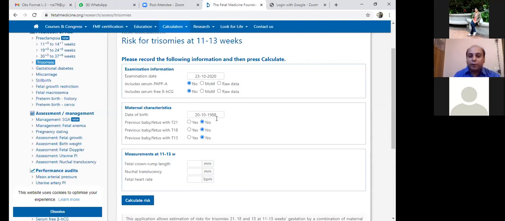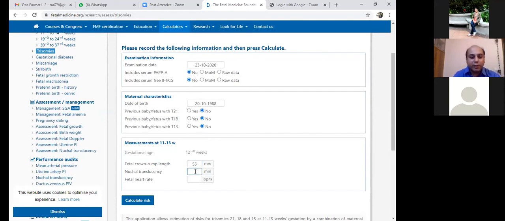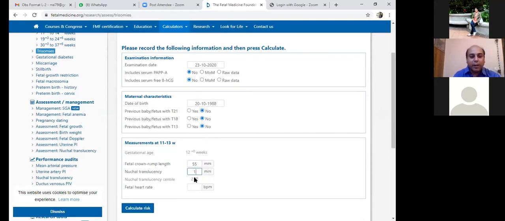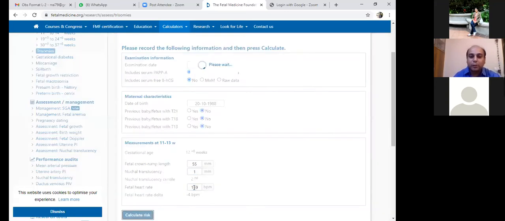We put date of birth of the patient. We select no if there has been no bad obstetric history, and then we select the fetal crown rump length. For example, we select 55. Nuchal translucency we select 1, and then we select heart rate as 150, 159. And we just click on calculate risk.